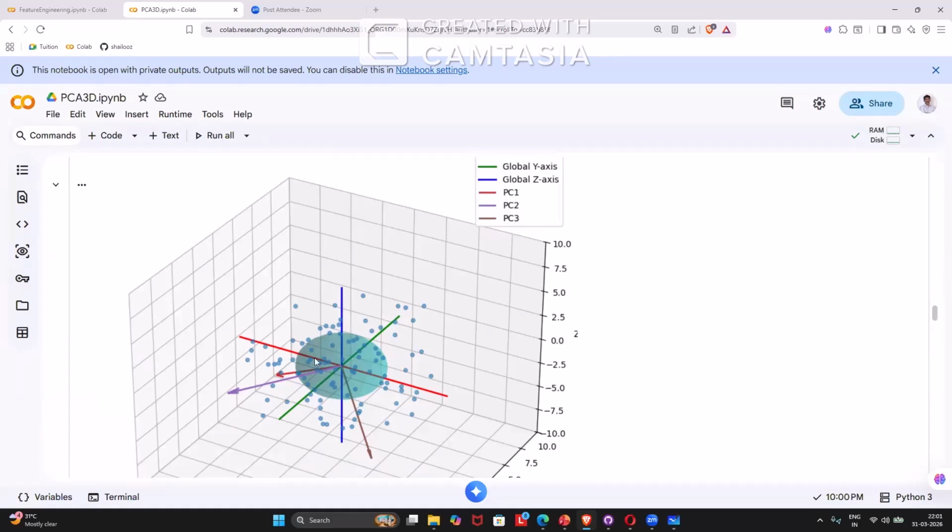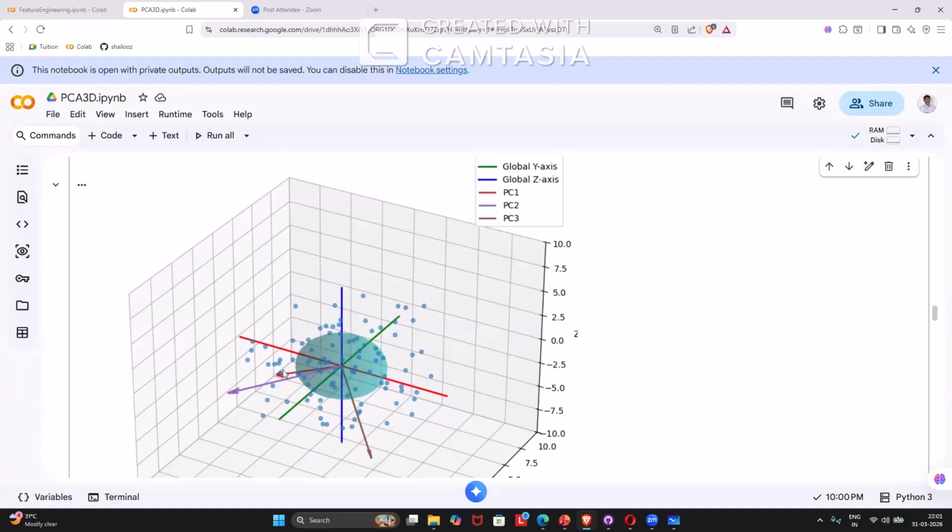So this ellipsoid has its major axis in this direction. You can rotate it and see that. The second major axis will be like this, and the third axis will be like this. Along this axis, the ellipse has the maximum spread, that is, the data has the maximum spread.